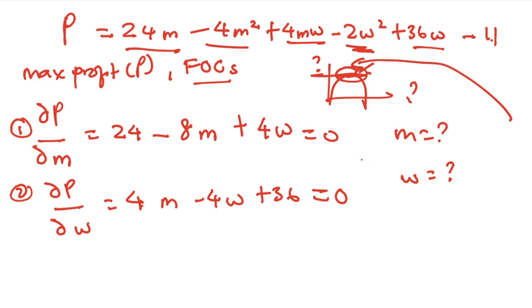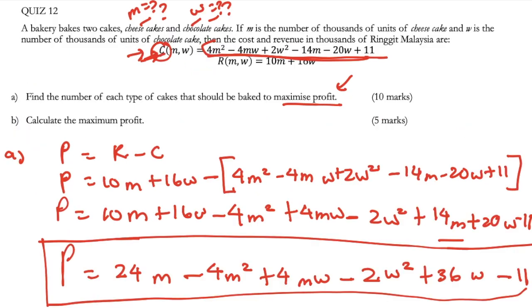When you solve it, I don't want to show it here because by now you should know how to substitute M and W, how to do a simultaneous equation. You should get M equivalent to 15. You should get W equivalent to 24. Once you get this, go back to the question. You see B, calculate the maximum profit. In order to answer B, what should you do?